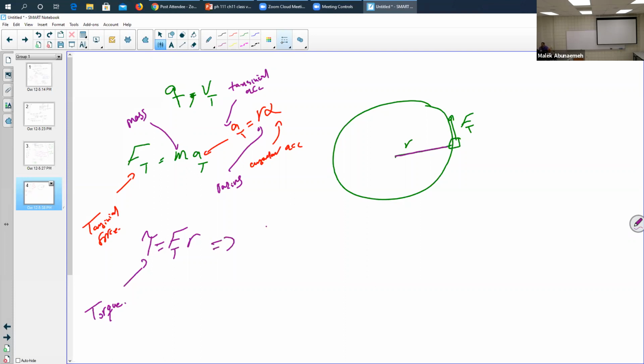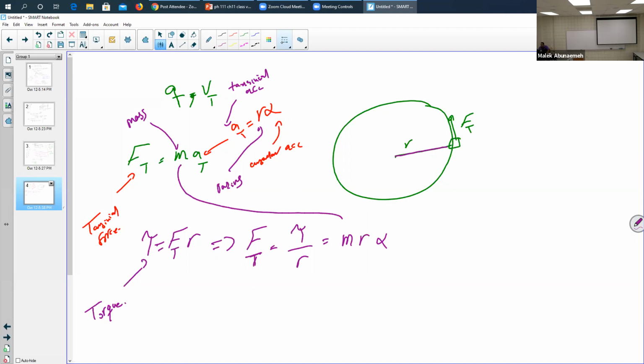That means your tangential force is going to equal the torque divided by the radius, which is going to equal your mass multiplied by R multiplied by alpha.